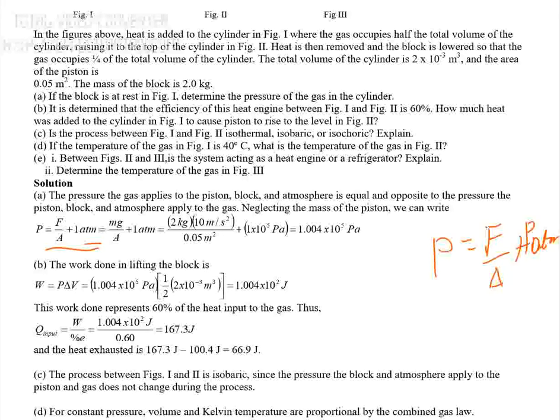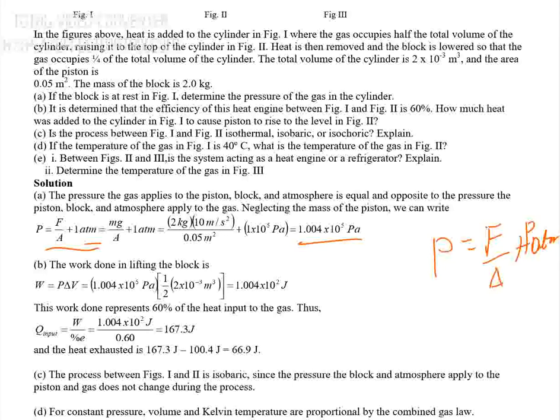And force over area, since there is the weight of the object, is mass times gravity, which is 2 times 10, it becomes 20 divided by 0.05, plus 1 times 10 to the power of 5. Finally, we get 1.004 times 10 to the power of 5 Pascal. This is the pressure exerted in the first figure.